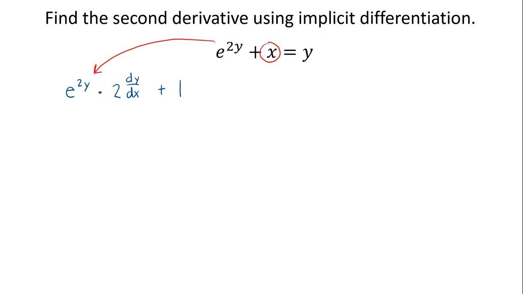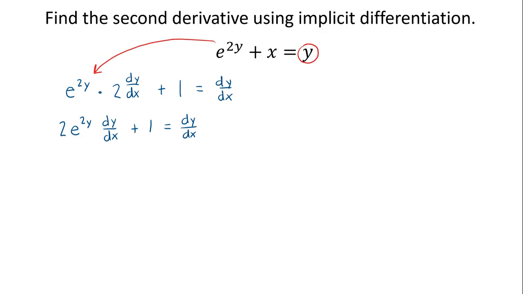The derivative of x with respect to x is 1, and on the right, the derivative of y with respect to x is dy over dx. Now let's simplify the left side just a little bit. Multiplying e to the 2y times 2 dy over dx gives us 2e raised to the 2y dy over dx plus 1 equals dy over dx.